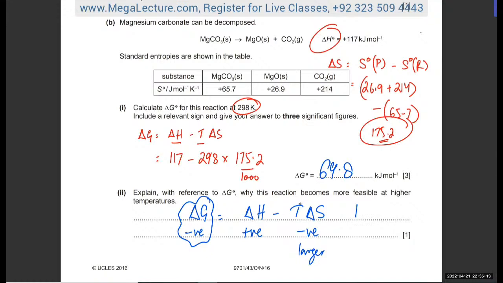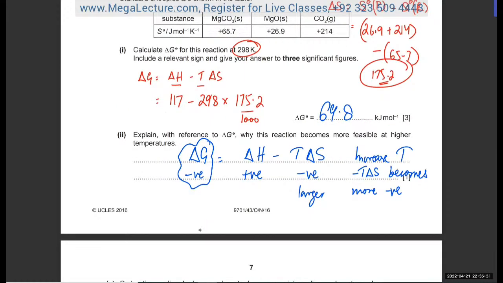So if you increase temperature, you're going to write that the reaction becomes more feasible: minus T delta S becomes more negative if you have a higher value of T. And if it becomes more negative, the overall delta G would become more negative, so the reaction becomes more spontaneous or more feasible.